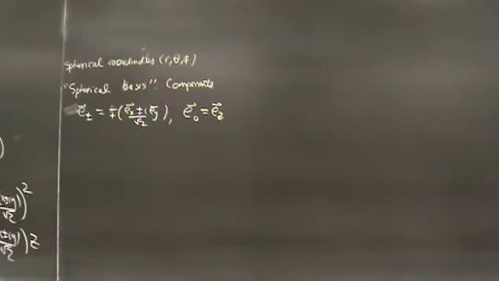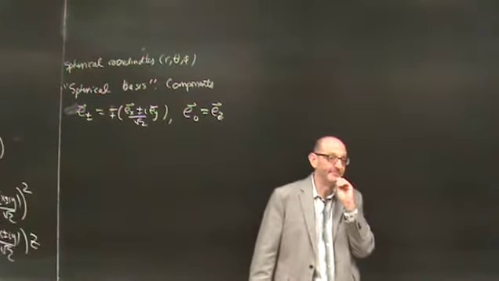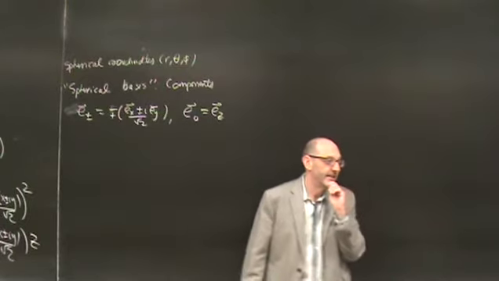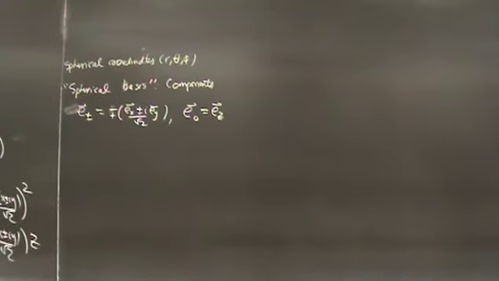Okay? So, as we discussed early in the semester, these vectors are eigenstates of rotation in 3D about the z-axis. So if I rotate these vectors about the z-axis, they come back to themselves up to an overall eigenvalue.